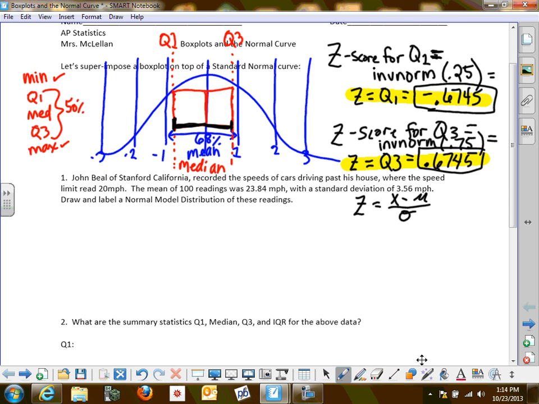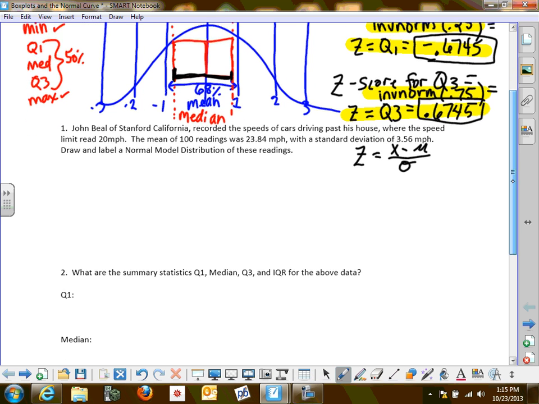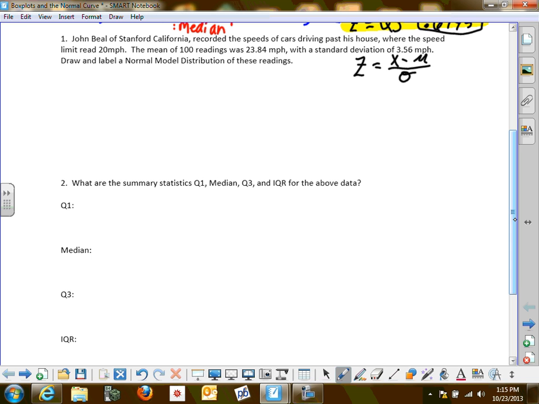What I want you to remember from this little exercise here is that Q1 is located at that place where 25% is below it. And Q3 is located at that z-score where 75% is below it. So then from that you can get those numbers. All right, very good. So that's the connection between those two, and let's put that into context.